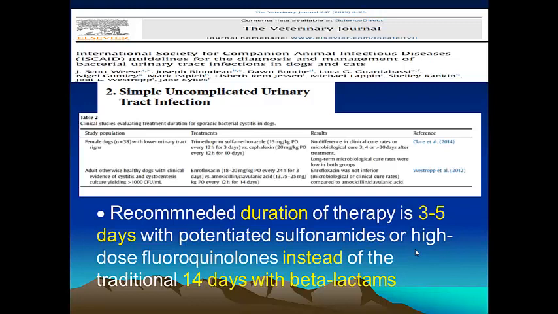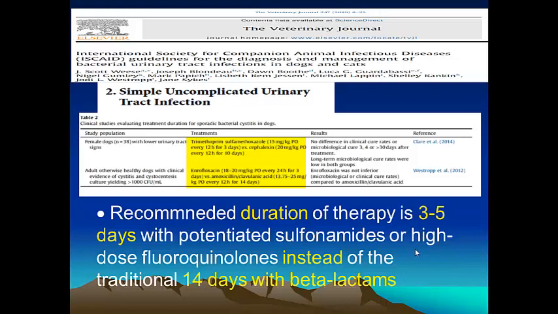So as you can see on this table here, they are comparing trimethoprim-sulfamethoxazole at 50 milligrams per kilogram orally twice a day for 3 days, with cefalexin for 10 days.